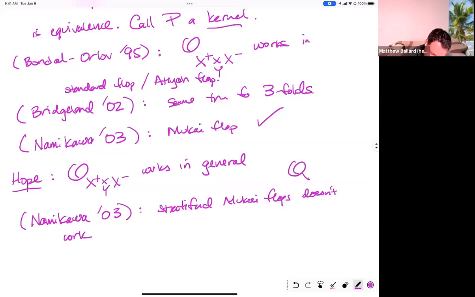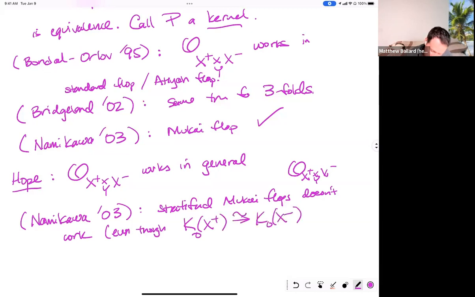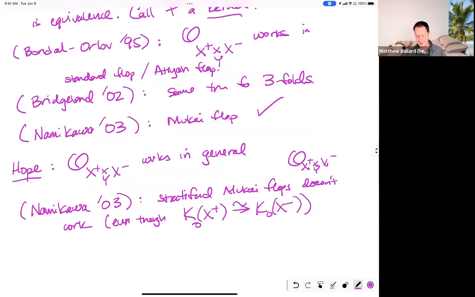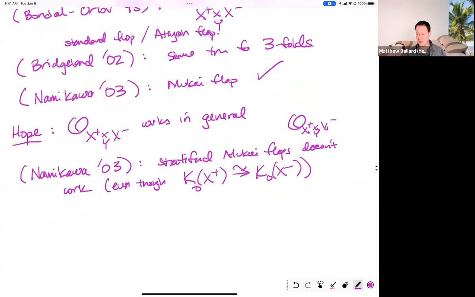The structure sheaf of the fiber product doesn't work. Surprisingly, even though you get equivalence on K here, the Grothendieck group, at least K0, maybe even all K groups, I don't know.